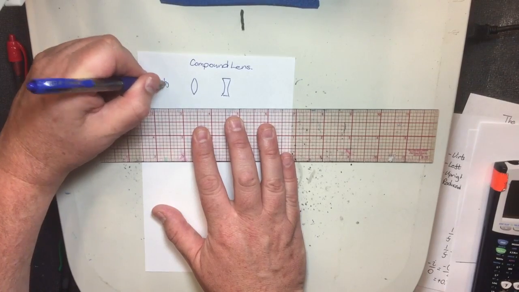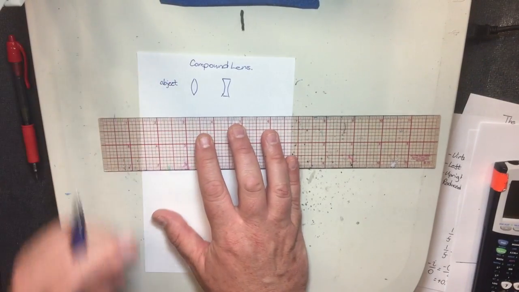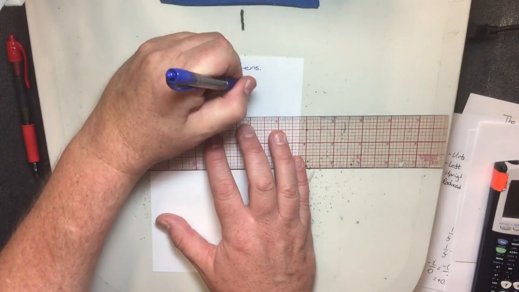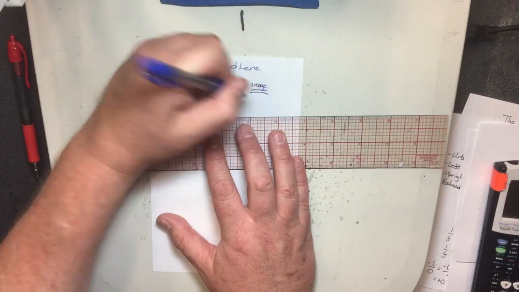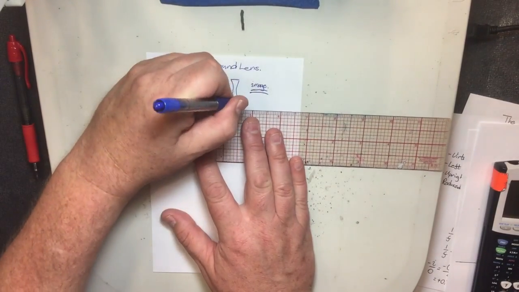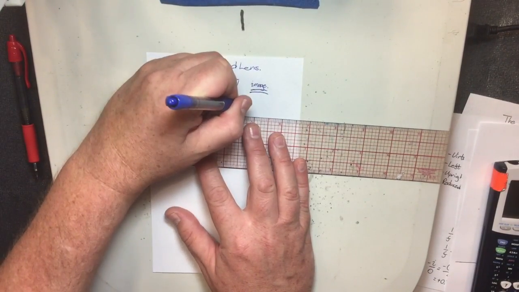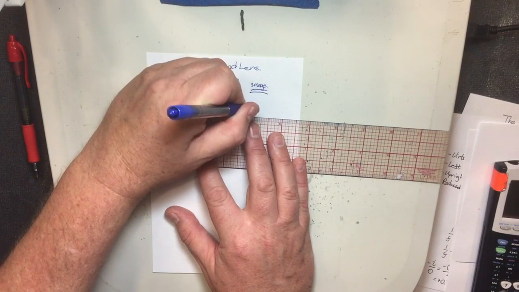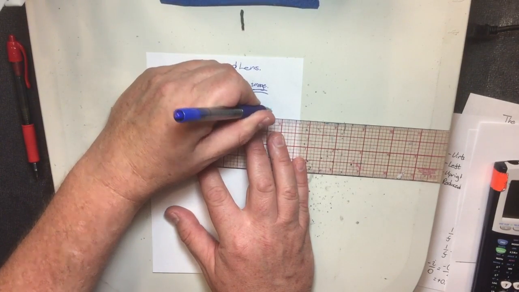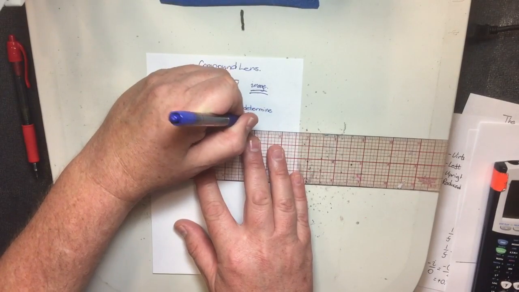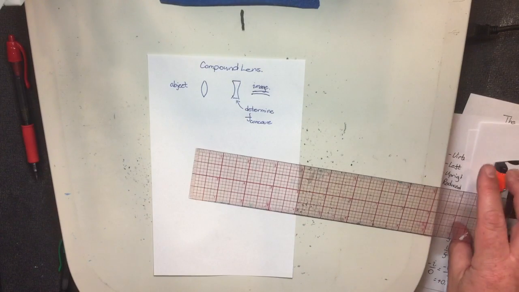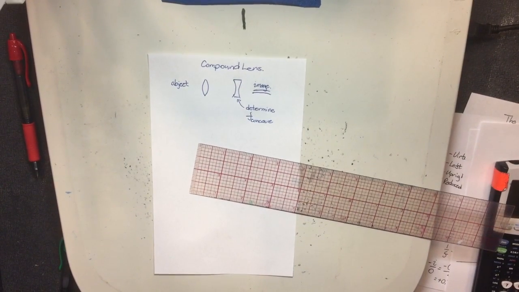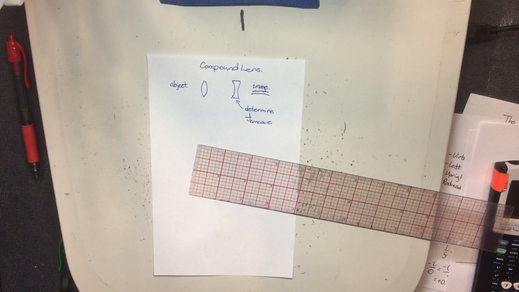The object is over here. And what you're going to do is figure out where the image is to determine the focal length of the concave. Now, for the most part, I think they give you the value. So all of this is just math and algebra and solving for stuff.